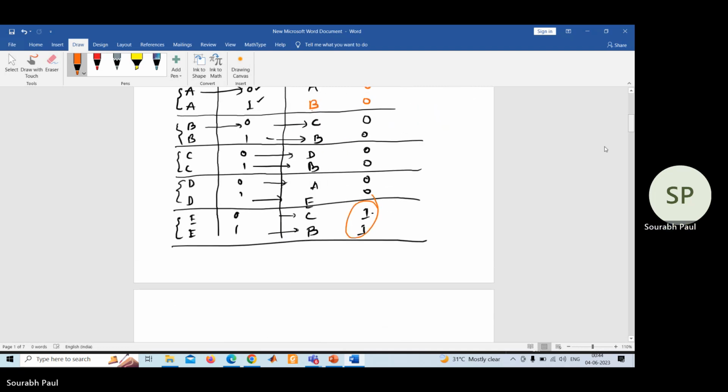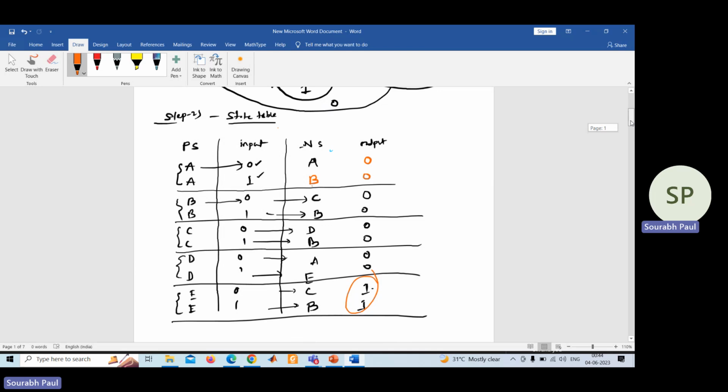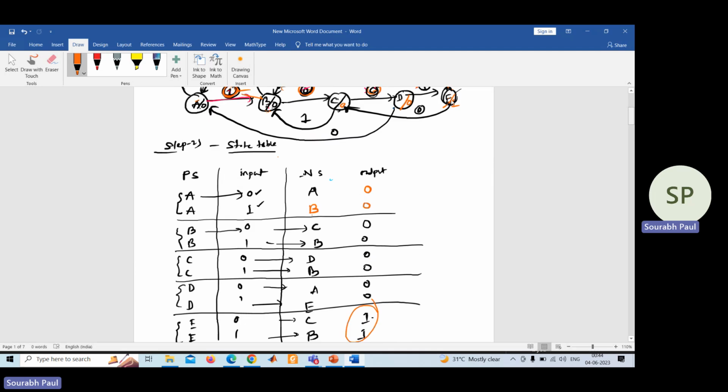You should not write 1 if you are going to E from another state, because below E only this output 1 is written.